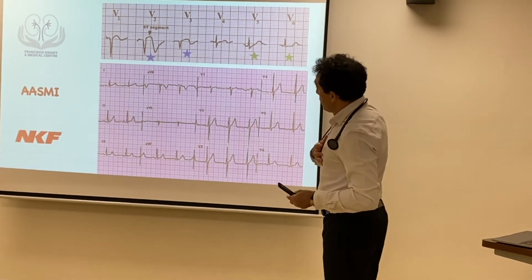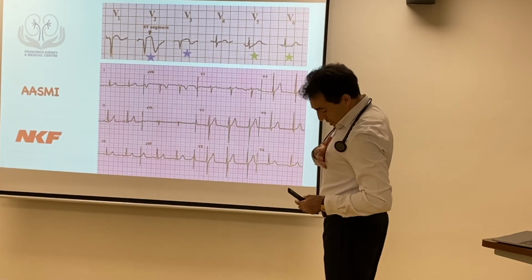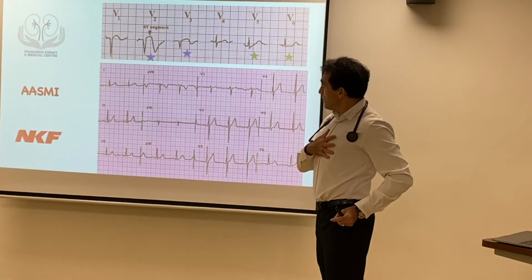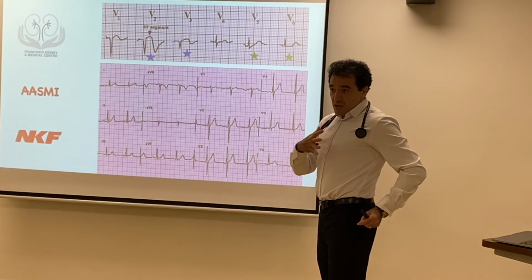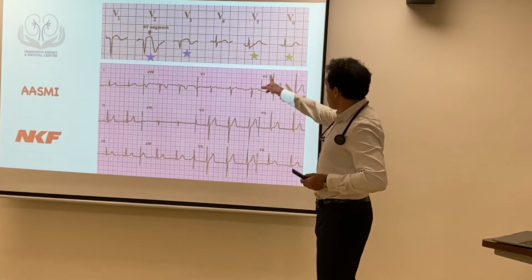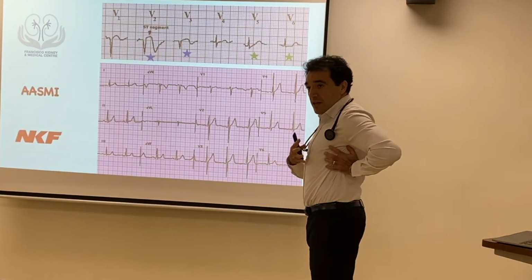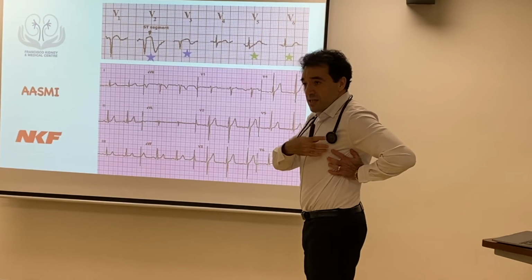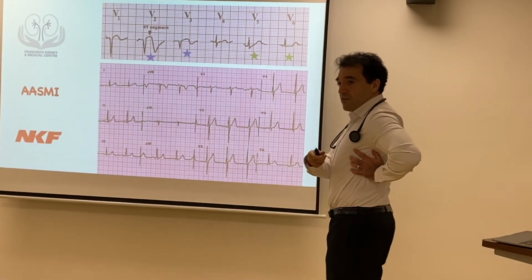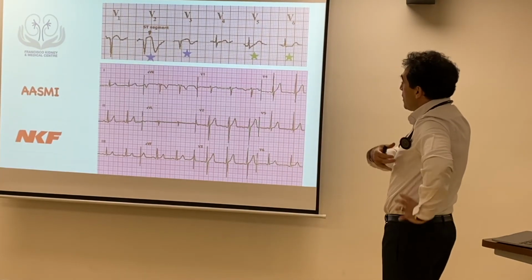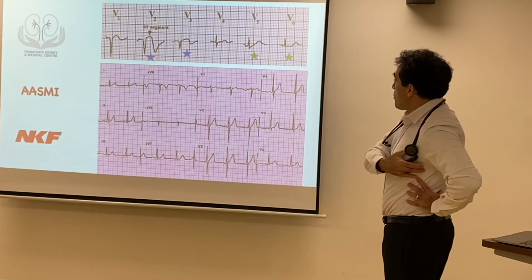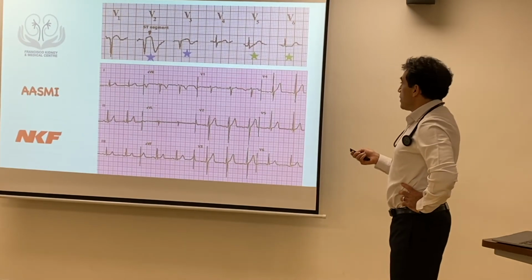Because if it is anteroseptal, the activity is around here, and these leads are watching here, while V5 and V6 are already around here. So they see almost the opposite image of the same activity. That's why it's elevated here and depressed in that one.